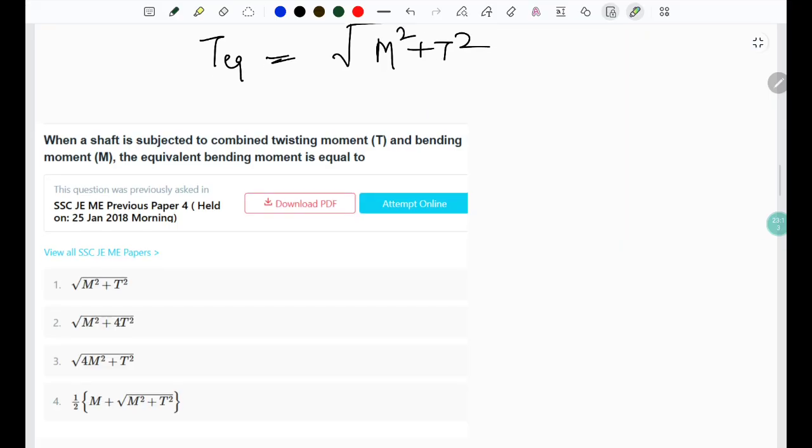Here is another question which asks, when a shaft is subjected to combined twisting moment and bending moment, the equivalent bending moment is, well, in case of combined stresses, M equivalent is 1 by 2 bracket m plus root under m square plus t square.